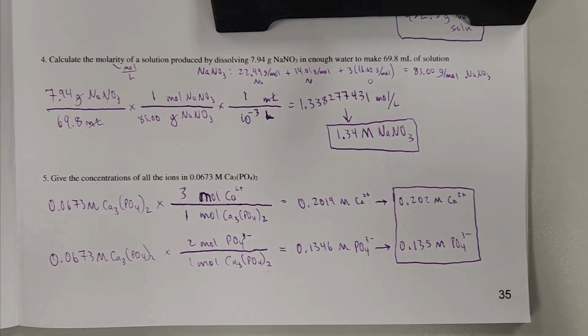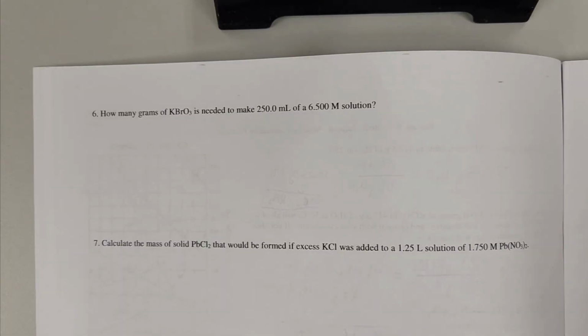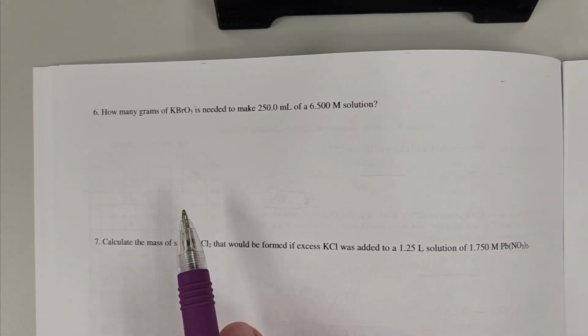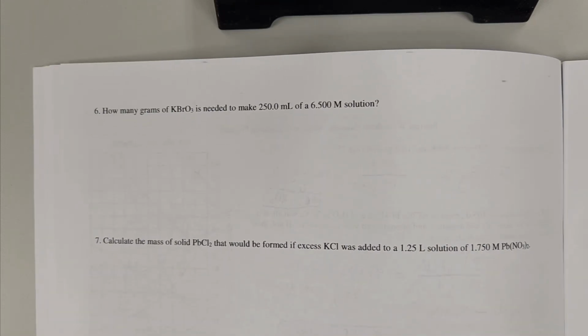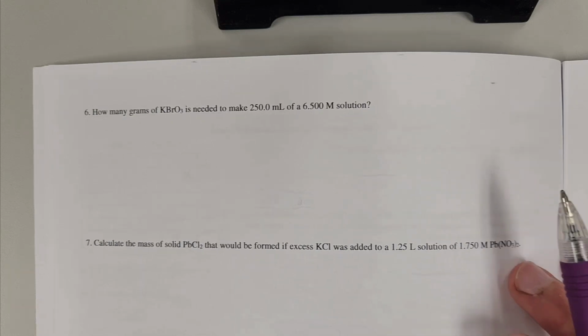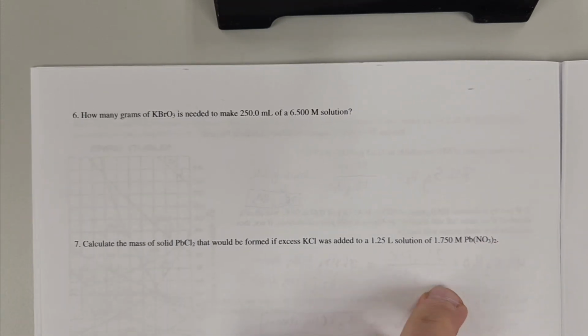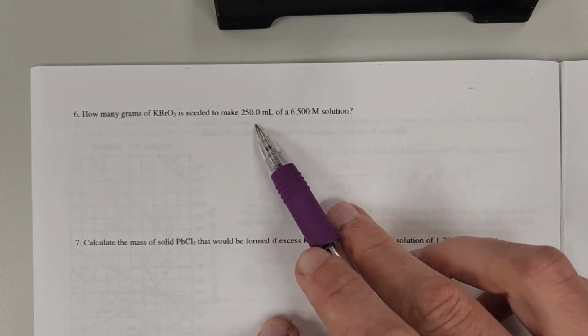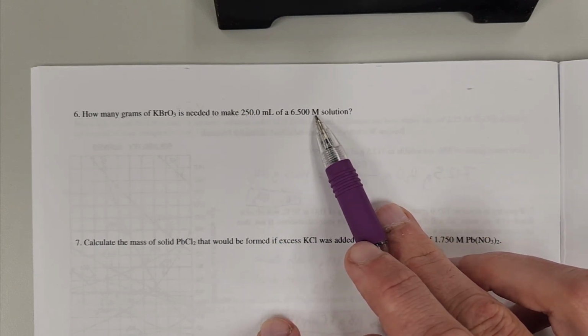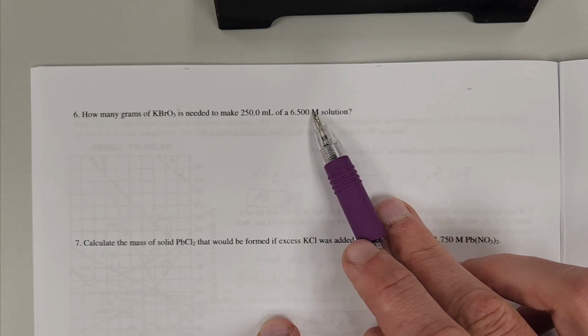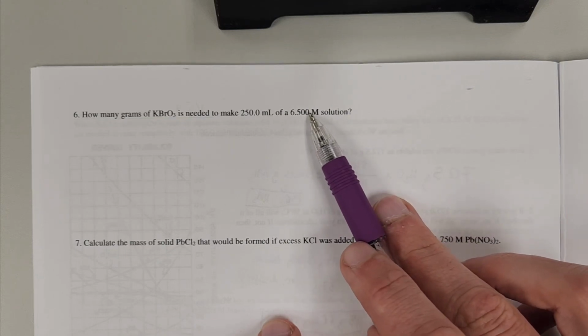All right, onward. Okay, so now we're looking at how many grams of potassium bromate is needed to make that many milliliters of that molar solution. So in order to do that, we're going to take a couple little looks at this, but I think the best way is to use these two to separate out the unit of molarity into moles and liters, and then get moles. And then once you get moles, we're going to take the moles and turn it into grams.